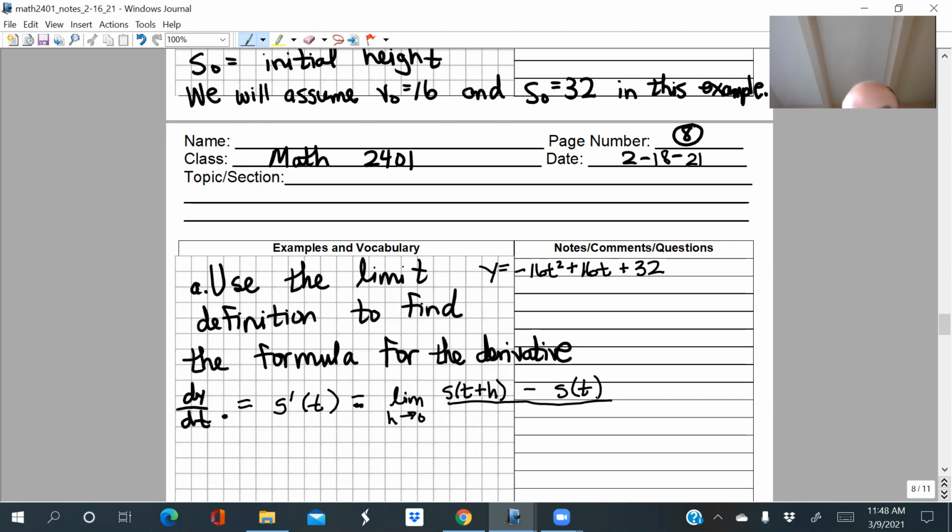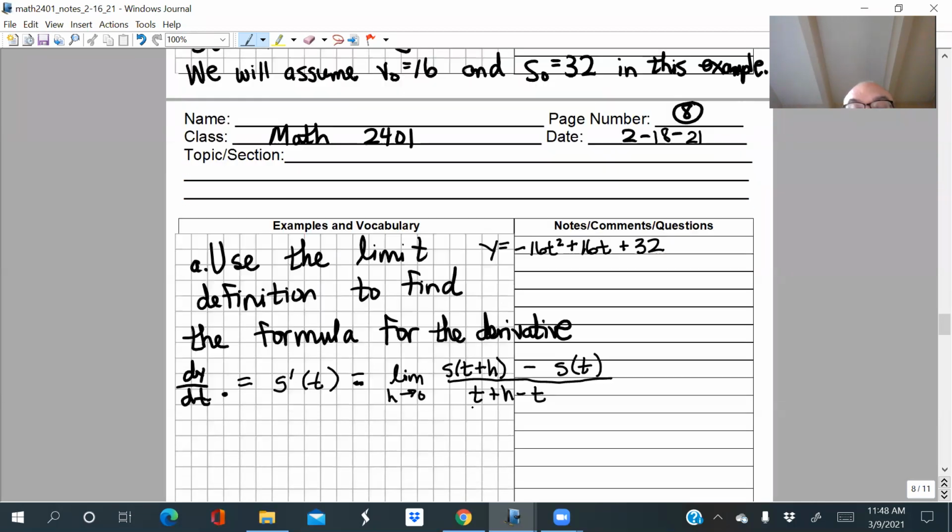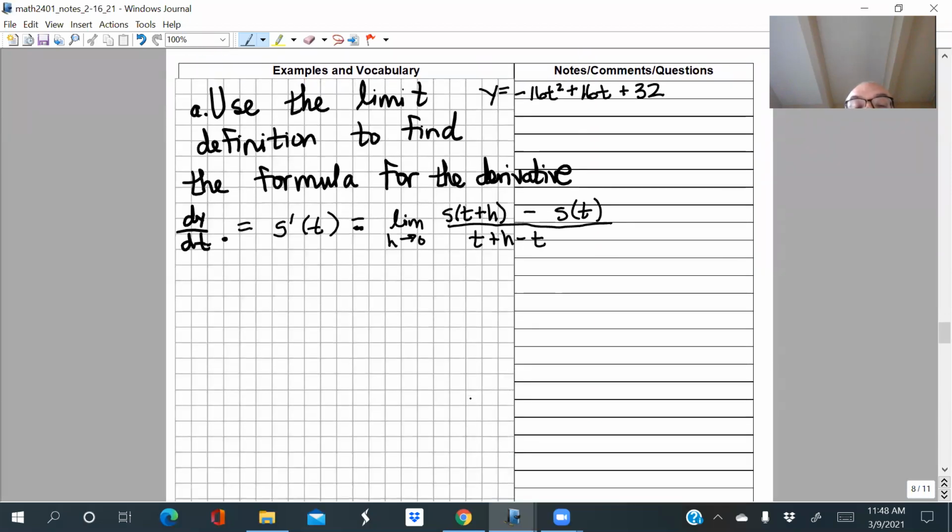So you're just subtracting off your original function. And then remember, you divide that by t plus h minus t, right? Which of course always simplifies to h in this calculation. All right, so you've got to get this written down correctly to get started.